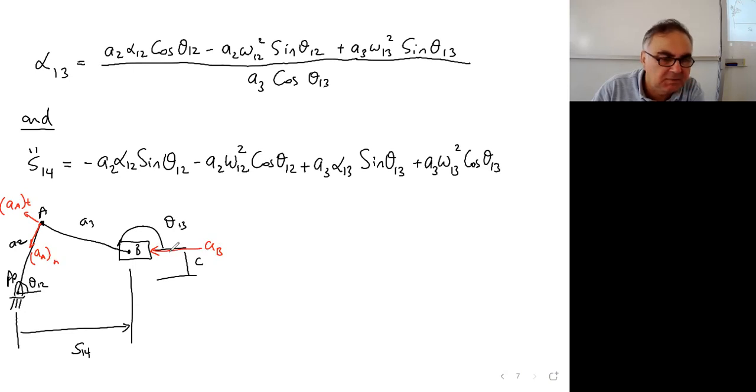Now we have acceleration of B relative to A. That has a normal component. It also has a tangential component.